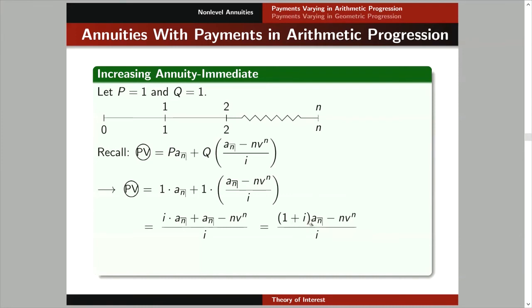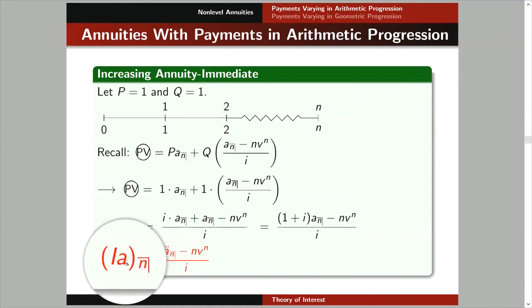Okay, so we have A double dot angle N minus NV to the N all over I. This is going to be our formula for an increasing annuity immediate. So, please take note of this actuarial symbol. Madali naman kasi I for increasing, A for annuity immediate.